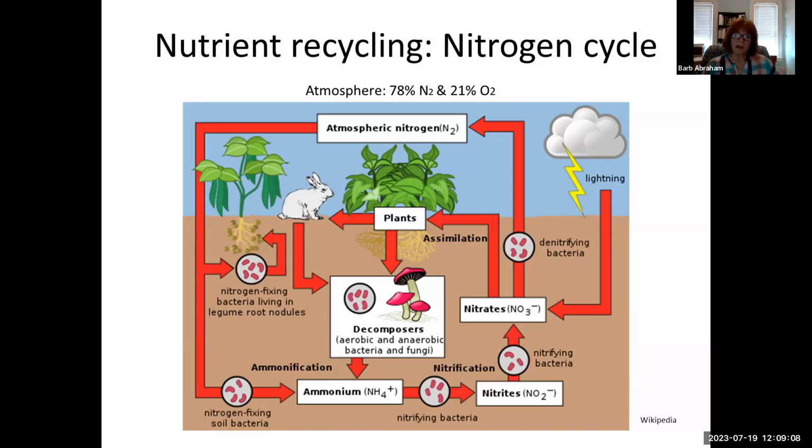So one of the things that I definitely want you to remember, if you didn't already know it, is that although the atmosphere is mostly nitrogen, plants cannot use nitrogen gas. Bacteria, which are called nitrogen-fixing bacteria, in root nodules in legumes, peas, beans, etc., or in the soil, are the ones that are able to use this nitrogen gas from the atmosphere and put it into a form that plants can use. Okay, so that's the main thing to get out of this.